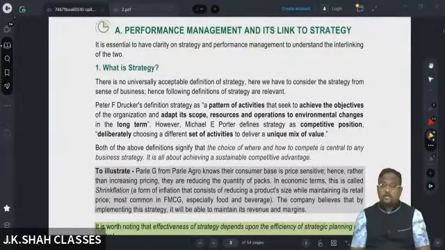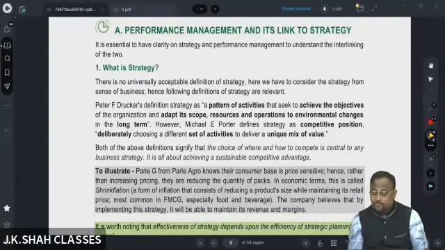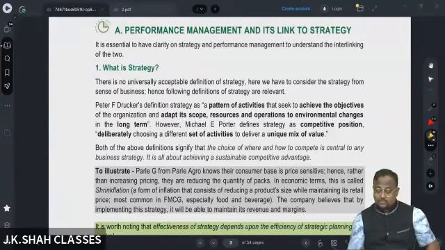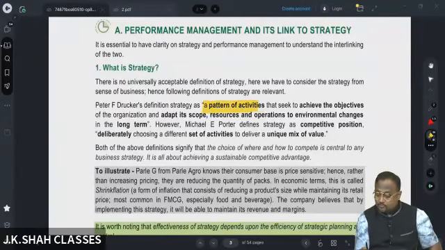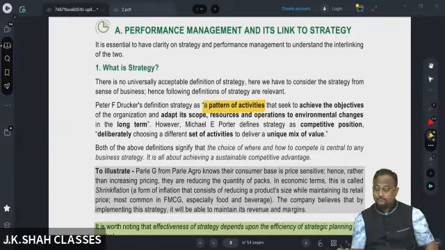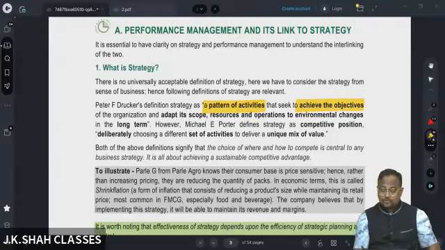Now, the first part of this chapter is performance management and its link to strategy. Now, what is a strategy? It's a pattern of activities which seek to achieve the objectives of the organization.